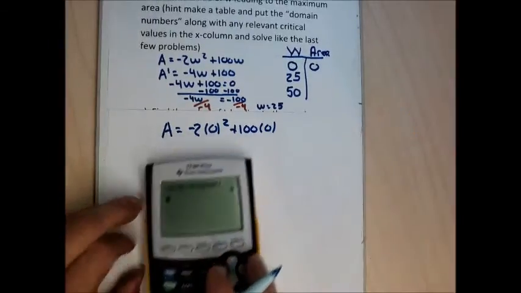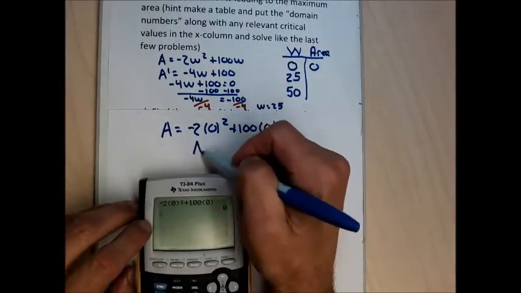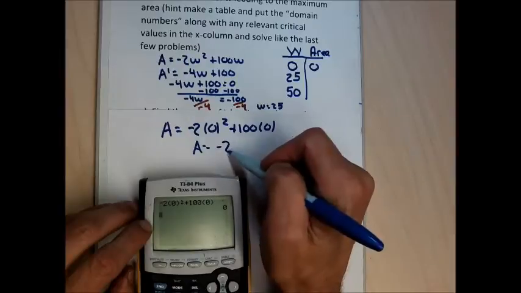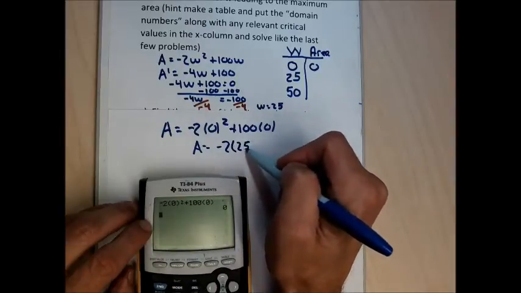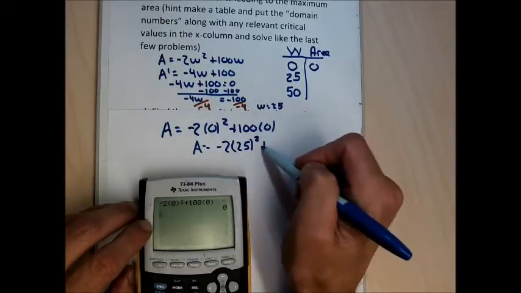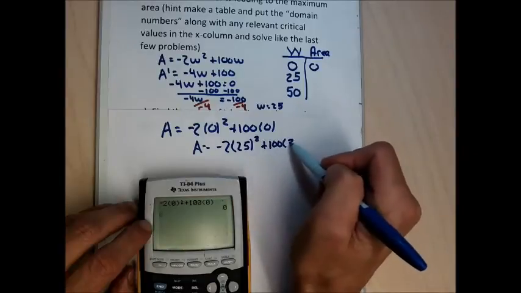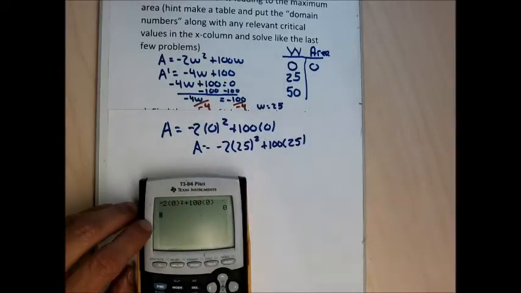I'm going to do something similar with the 25. I'm going to find the area if the width is 25. Area equals -2 times 25 squared plus 100 times 25. So -2 times 25 squared plus 100 times 25.